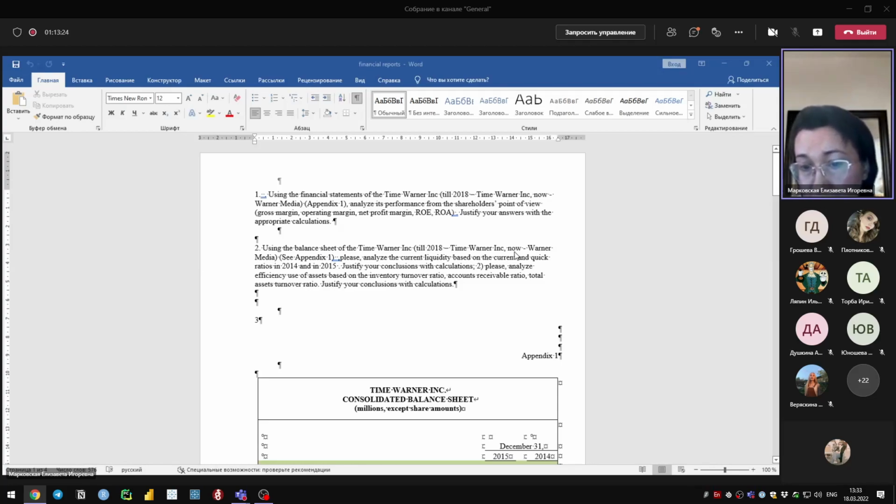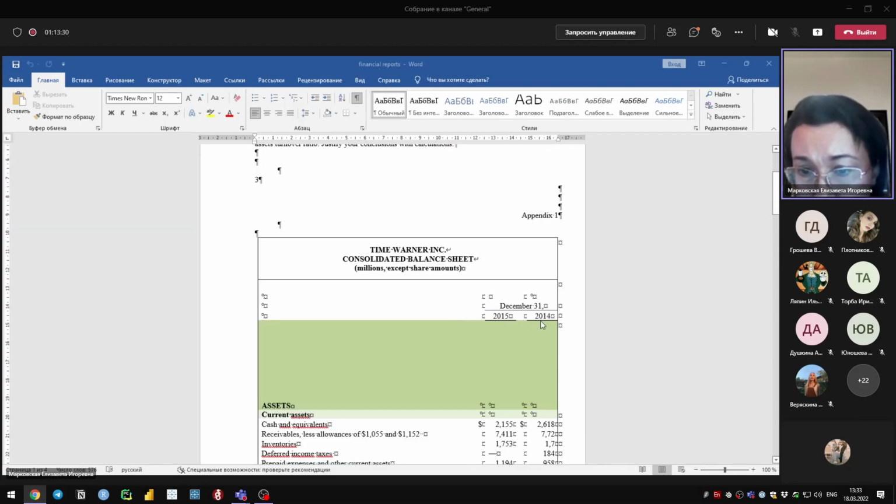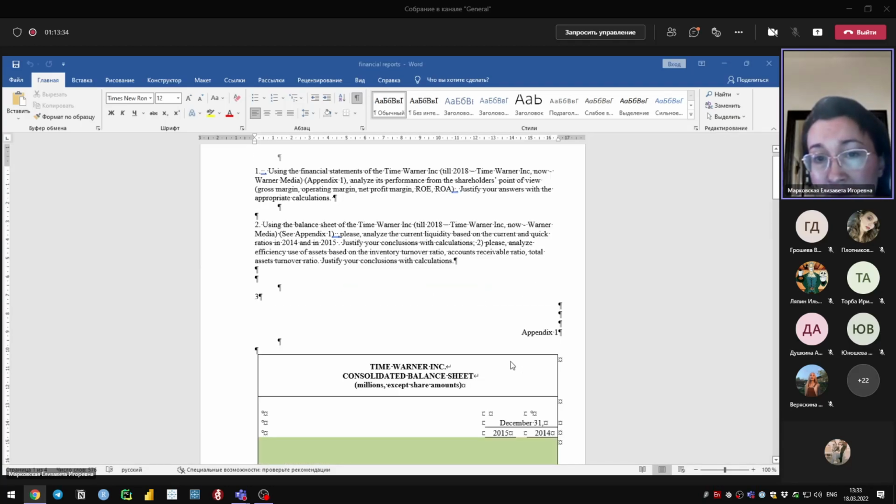You may compare 2 periods only, because we have the data for 2 periods, 2014, 2015. Please compare, and try to analyze and get the interpretation. Try to understand the changes, and what are the main causes of these changes.